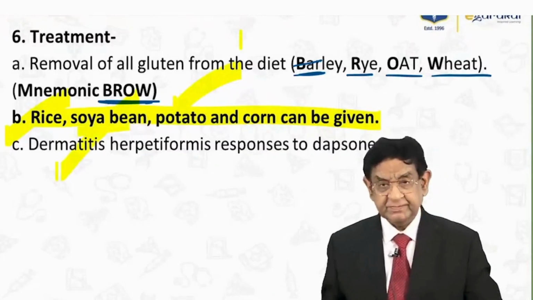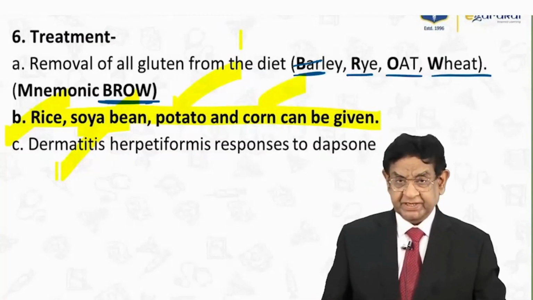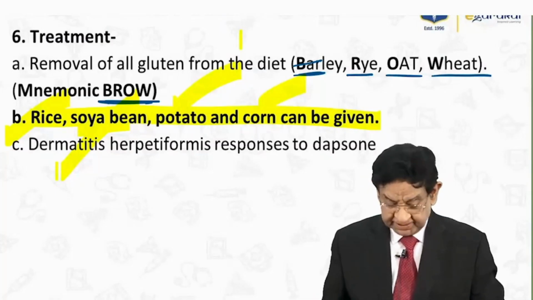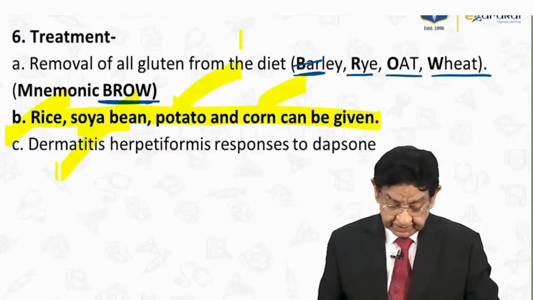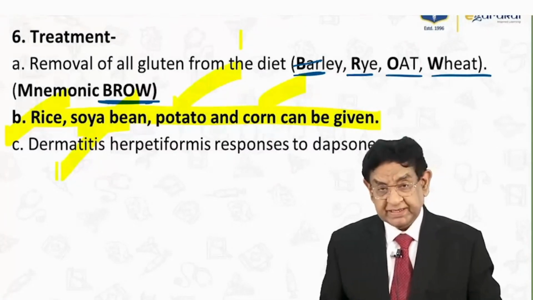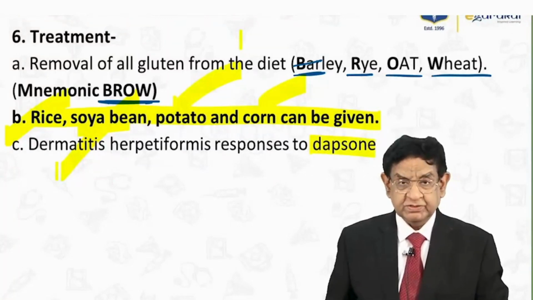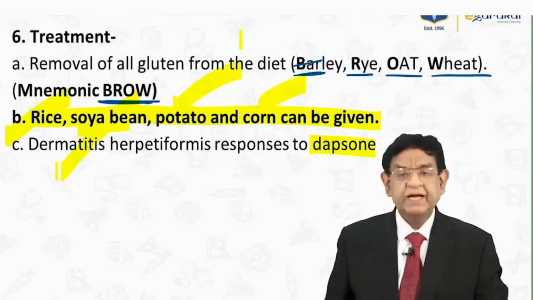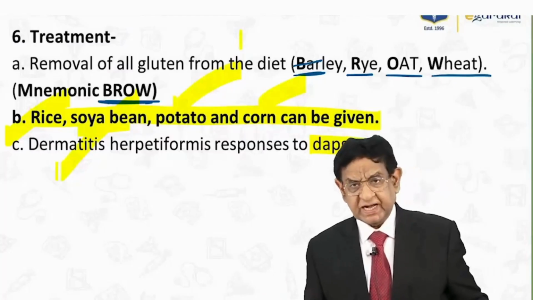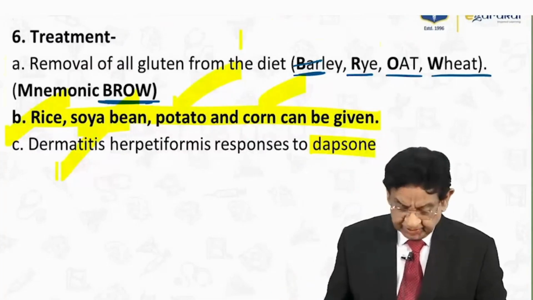As a soybean, pulse, and corn, also a type of cereal, can be taken by the patient. Okay, and for dermatitis herpetiformis, we can give Dapsone. The only treatment is to avoid BRO, and supplementation.